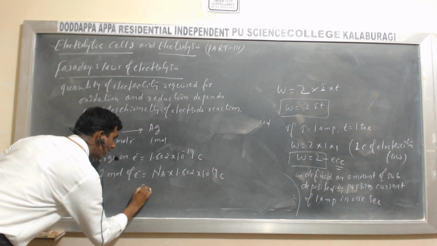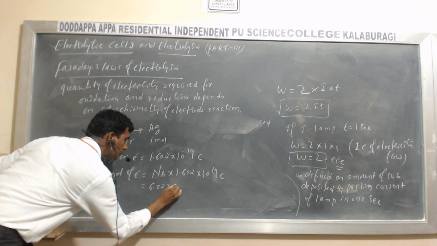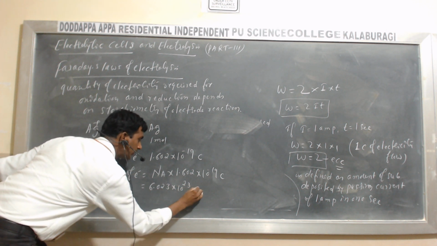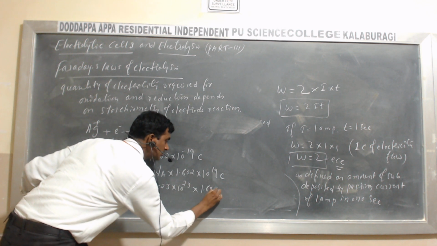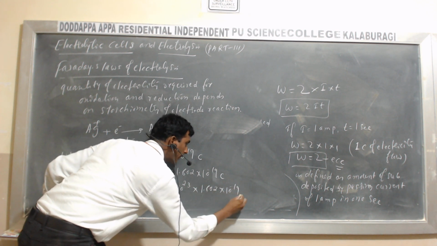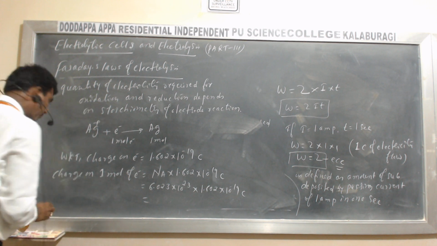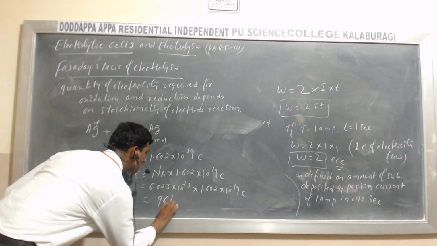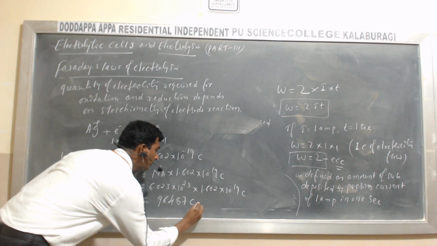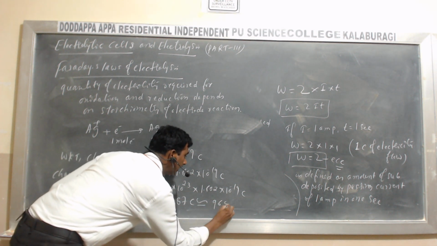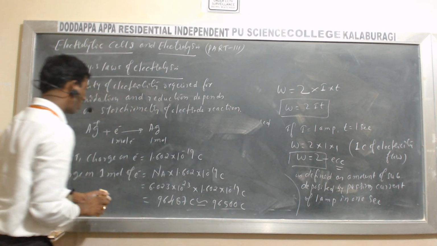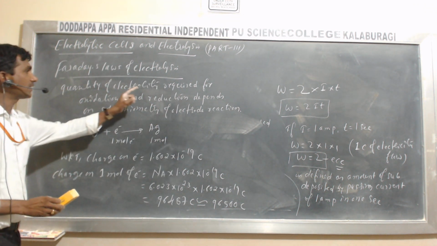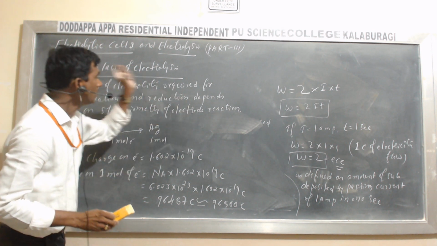Avogadro's number is 6.023 into 10 to the power of 23. Multiplying these, we get 96487 coulomb, which is approximately 96,500 coulomb.